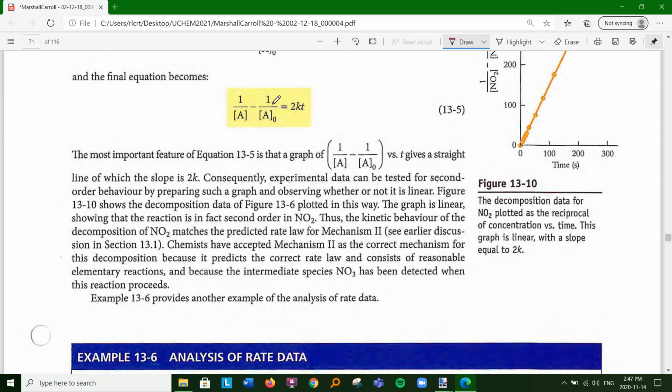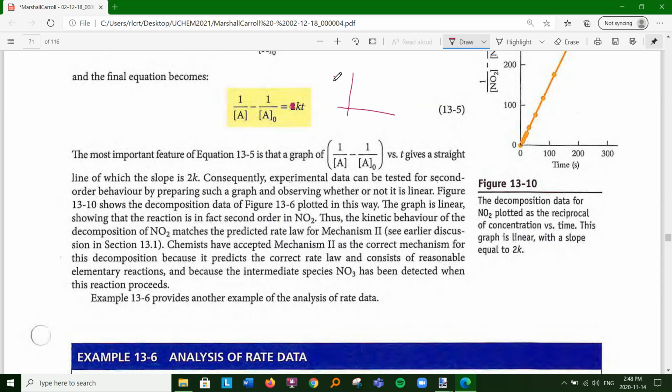Here it is. For second order process, 1 over A minus 1 over A naught equals, oh, they're going to be like this, aren't they? Son of a gun. Most books don't put in the 2. They just do 1 over A minus 1 over A naught equals kt. Not 2 there. So again, this book, grumble, grumble.